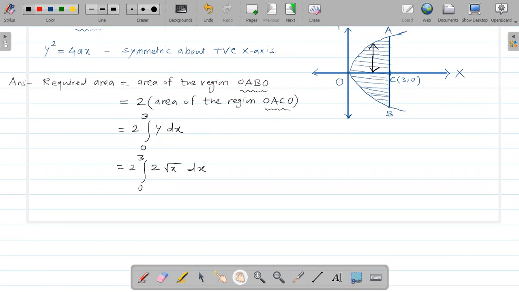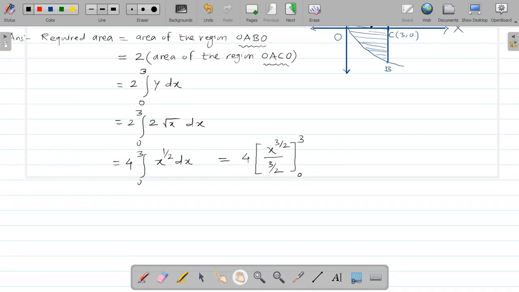Now see what will you get. Now this is 2 into 2, it will be 4. Now we have to integrate root x. Root x means it is x raised to 1 by 2. Now what is the integration here? 4 as it is. Now integration of x raised to 1 by 2 is x raised to 3 by 2 upon 3 by 2, and it is from 0 to 3.